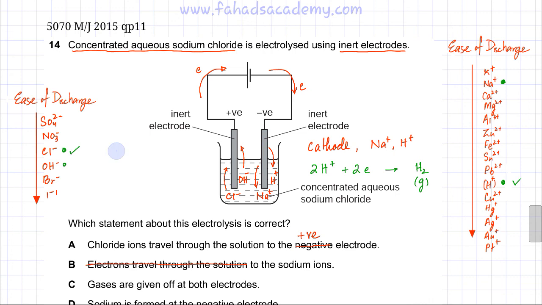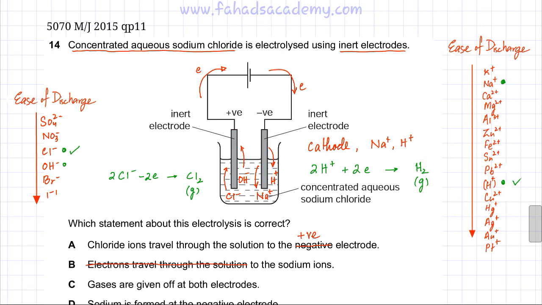So the reaction is that Cl-1 loses electrons to the battery. Cl-1 has one extra electron, and it loses that electron to form an atom of Cl, but since chlorine is also diatomic, two Cl- ions lose two electrons to form two Cl atoms that get together to form a diatomic molecule. And the Cl2 formed is also a gas.